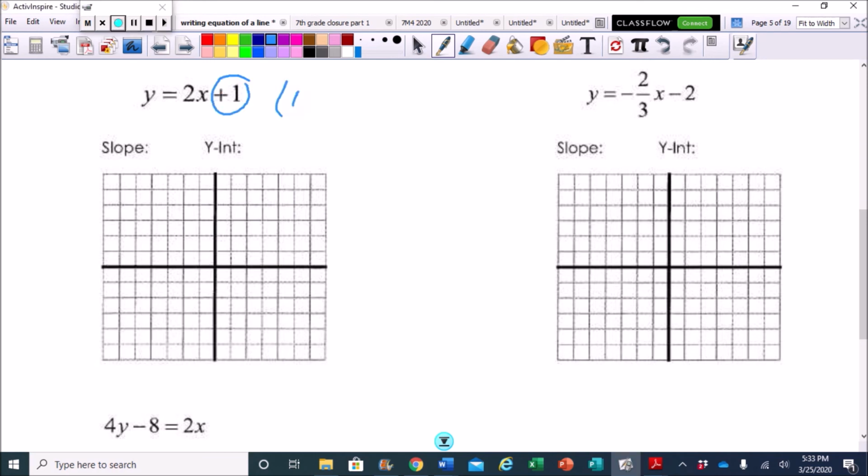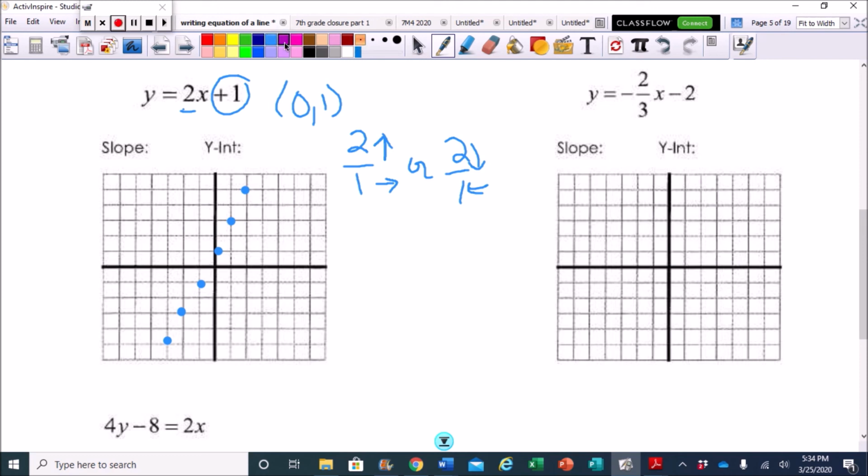So this is at (0, 1). And then from there, my slope is 2, so it's going to be 2 over 1, which means I go up 2 to the right 1, or 2 over 1 can be down 2 to the left 1. So I start at (0, 1), and then I go down to the left 1, down to the left 1, down to the left 1. Then I can go back and go up to the right 1, up to the right 1. It just makes it a little bit easier to draw my line.